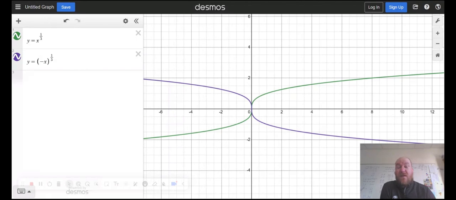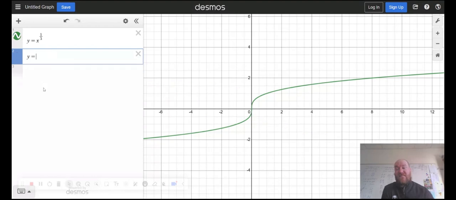Now, if I want to mirror image it across the x-axis instead of the y-axis, I don't make the x negative in parentheses. I let that 1/3 exponent happen, and then I make it negative. So you make all the operations happen, and then the last step is to make it negative.